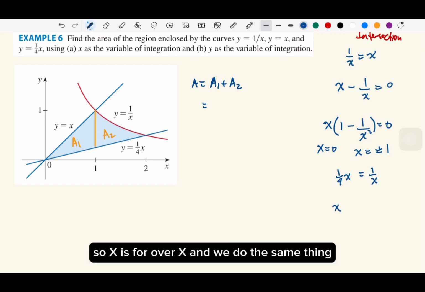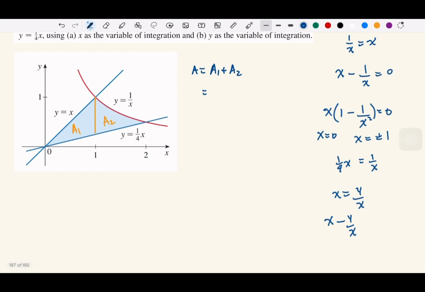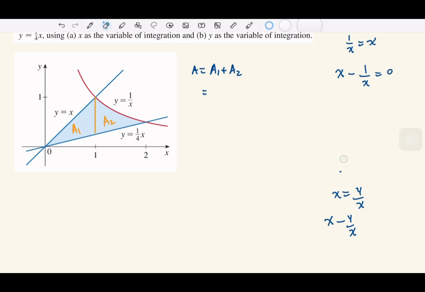So x is 4 over x, and we do the same thing. Let me write clearly.